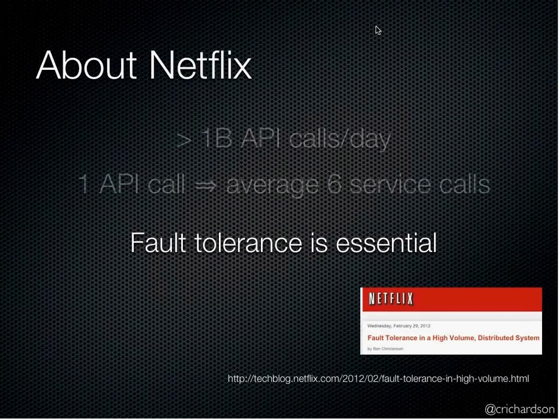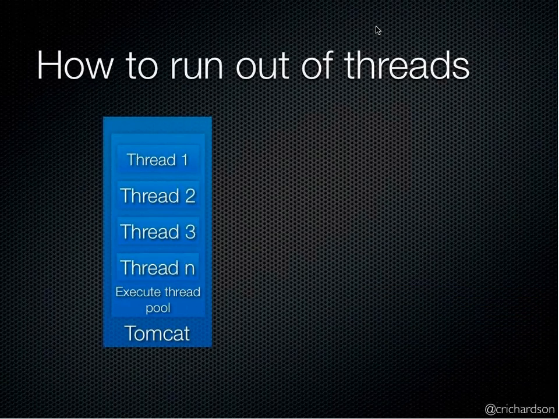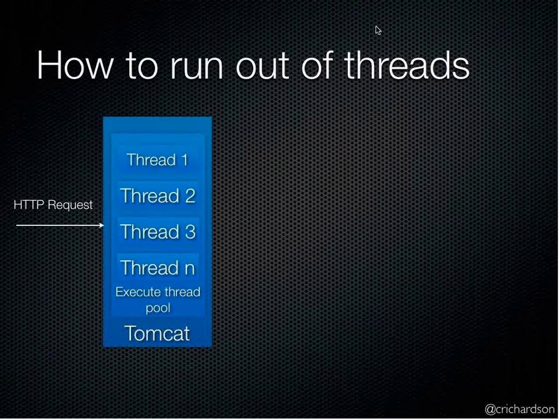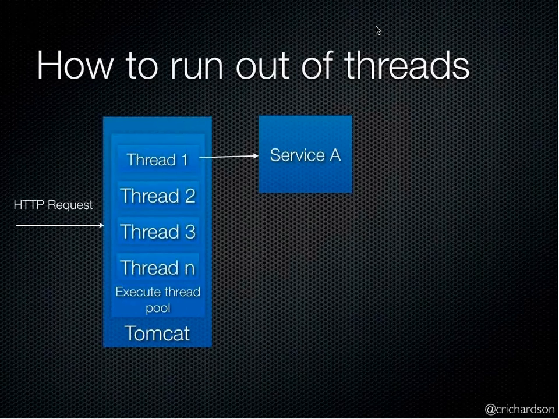They published a fascinating series of blog posts on techblog.netflix.com that describe the mechanisms they use to build a fault-tolerant, robust system. So the problem they're really trying to solve is this. Imagine a request comes in, gets allocated to an execute thread, and service A is invoked, all within one JVM.